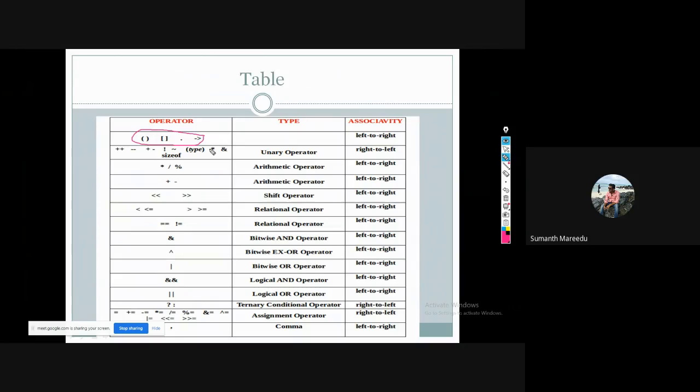And next is the list of unary operators. What unary operators do we have? Increment, decrement, unary plus, unary minus, sizeof, all those are unary operators. Here we also have the list of their associativity: which operators have left to right and which have right to left associativity.